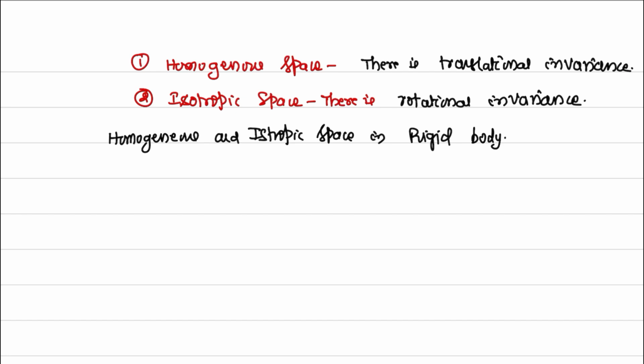The major constraint that defines a rigid body is that the particles are rigid in their places. They will not move. That means because of the motion of the rigid body, when laws of motion are applied, there is a translational invariance. The particles are not moving here and there.